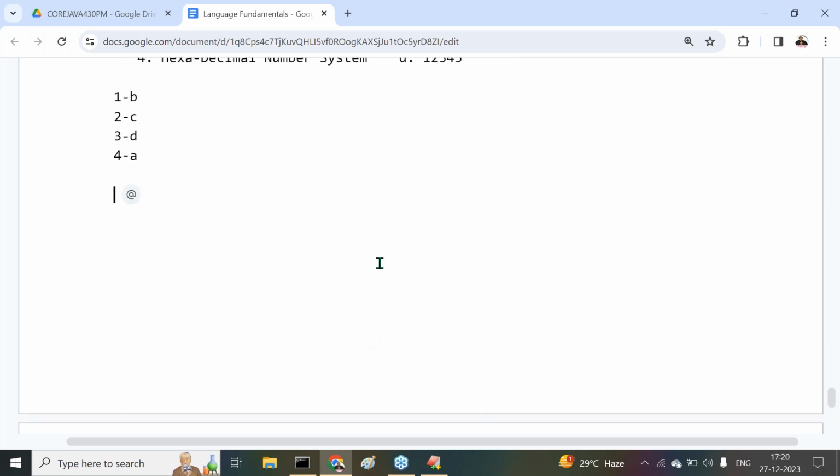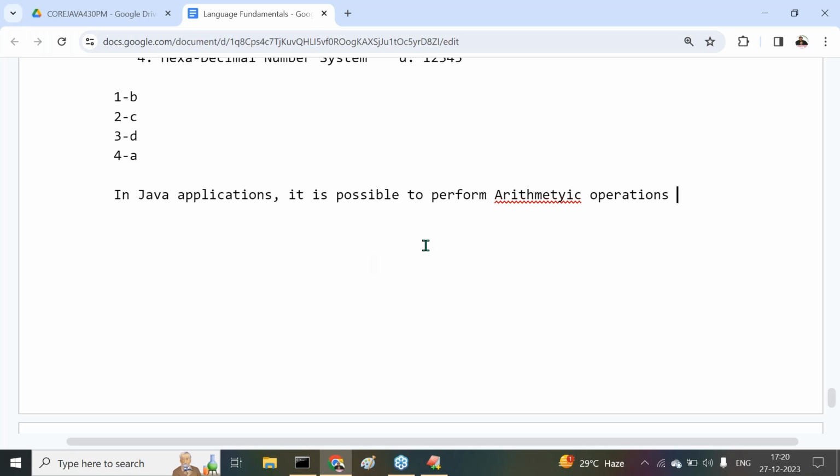Next, one more point I'm telling you. Try to understand it now. In Java applications, it is possible to perform arithmetic operations over the numbers which are provided in different number systems.